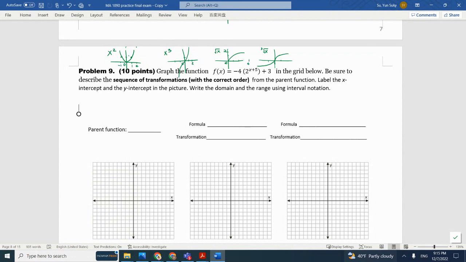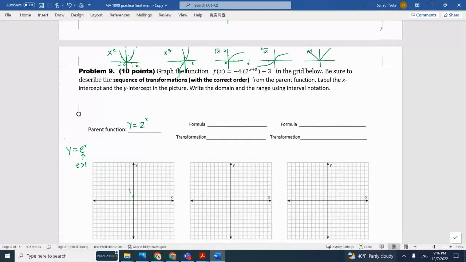And then in this problem, we have an exponential function. Oh, by the way, I forgot absolute value. Absolute value is the V shape. In this example, we have 2 to the x. No matter if it's 2 to the x, 3 to the x, or e to the x, as long as your base is greater than 1, the graph will look the same.